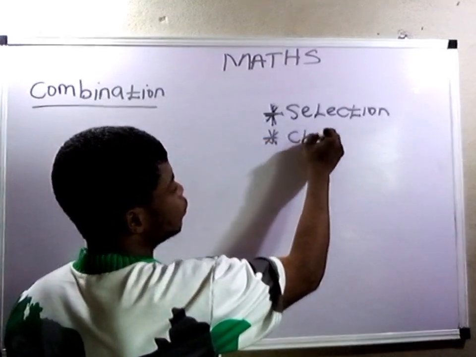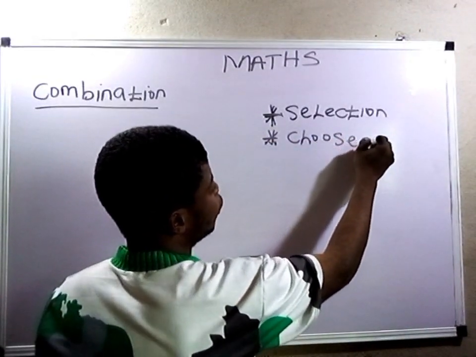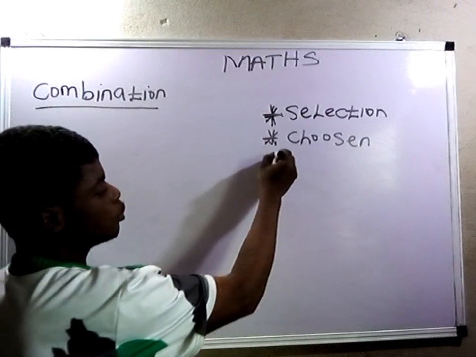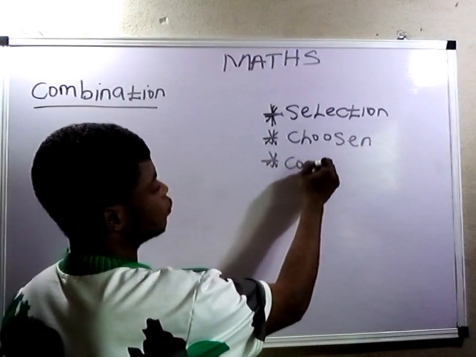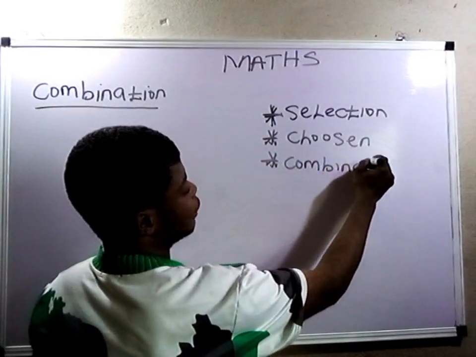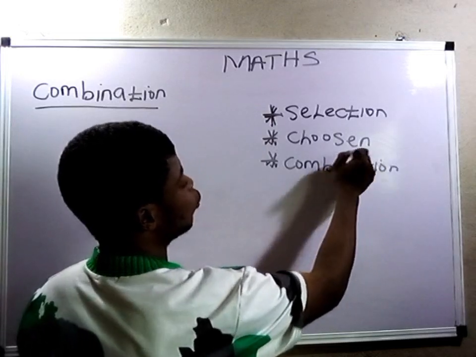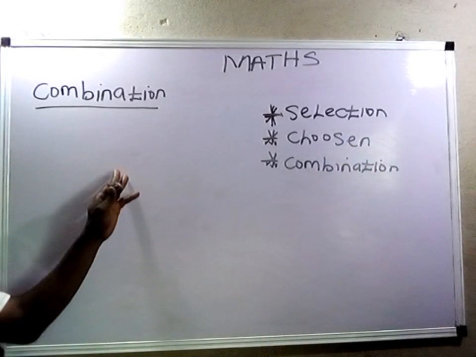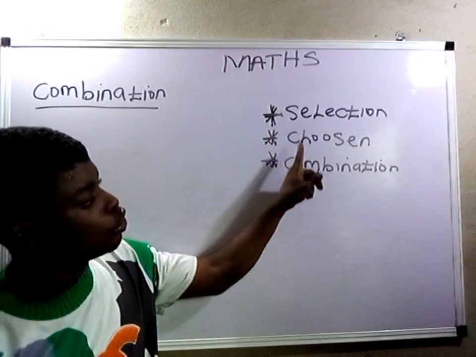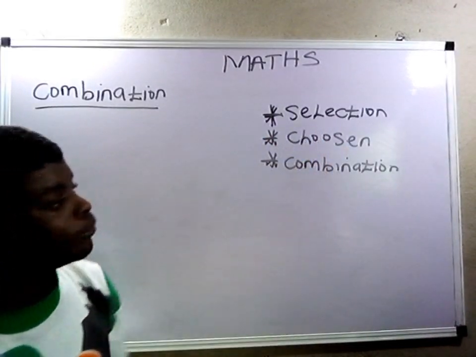These are the key points that must be in the question, or you can see the word combination. These tell you that you have to solve using this method.